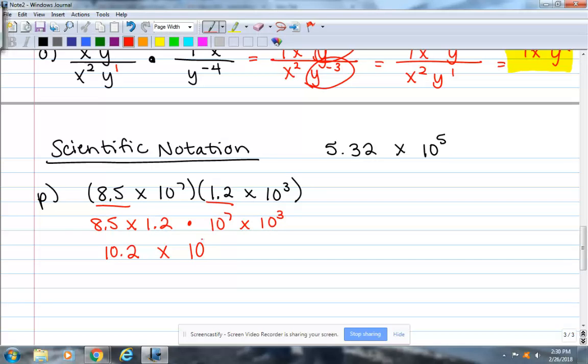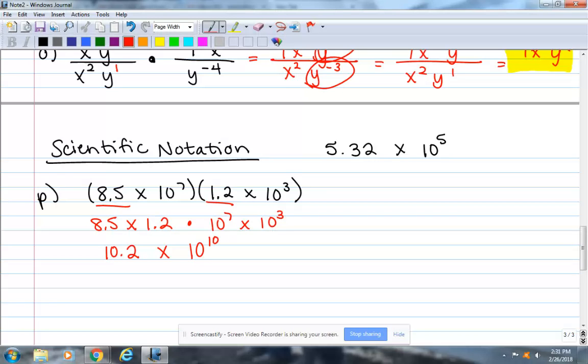Add them. 10 to the 10th. But our answer is not simplified. How is our answer not simplified? Yeah, the first digit on the left has to be a number 1 through 9, right? One digit, right? 10's too big.